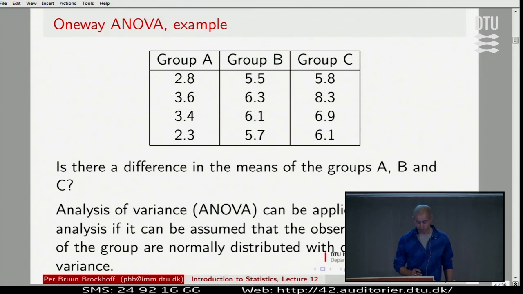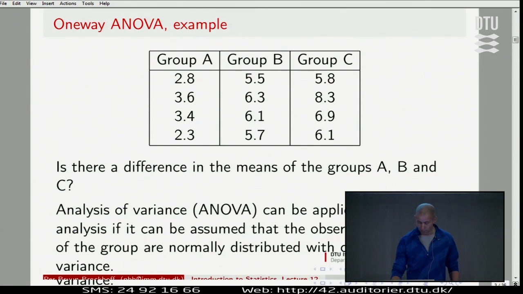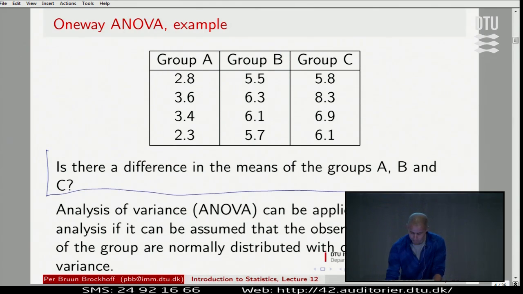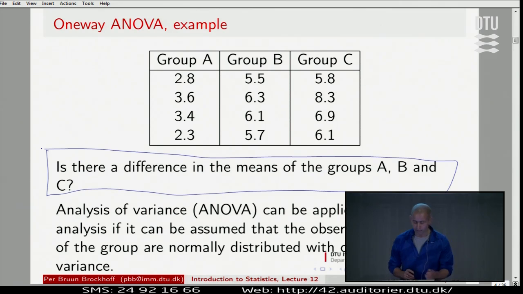Let's go into it and try to realize what it's all about. Even though the title of today's lecture is Analysis of Variance, the purpose of today is really about this question: in a grouped situation, having for instance 3 samples coming from 3 different, or at least potentially different, groups, we want to investigate whether they are really different.